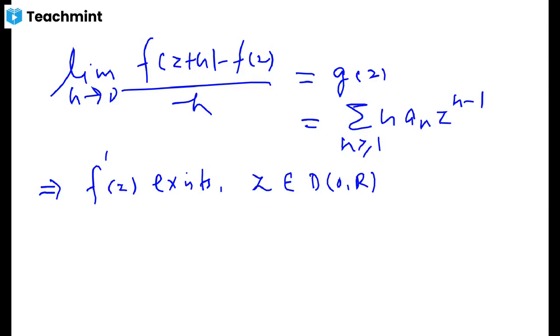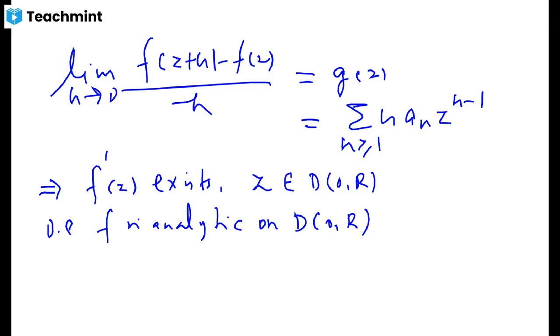Hence the derivative of f exists at each point of the disk of convergence, and this disk of convergence being a domain and this function being differentiable at each point of the domain implies that f is analytic on this domain. This is the main thing that we had to prove.